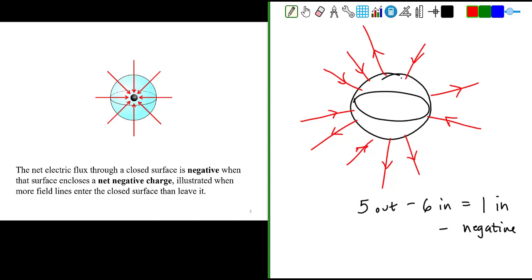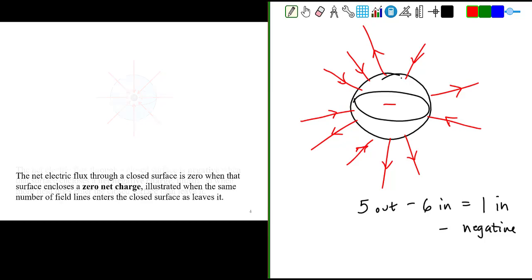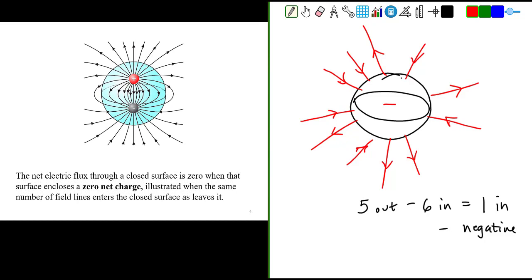So depending on the number of field lines, depending on the electric flux through a closed surface, we could figure out whether we have a positive or a negative charge. And for one more situation, we know that the net electric flux through a closed surface is 0 when that surface encloses 0 net charge.